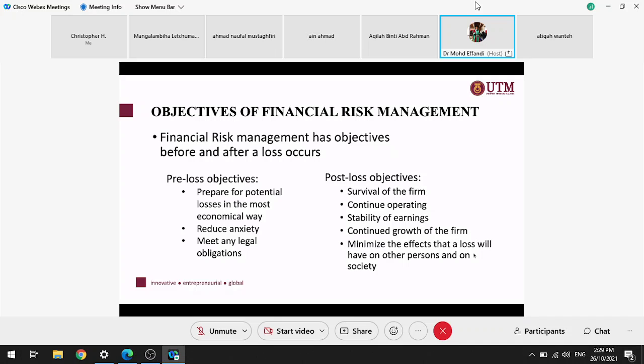This is something very interesting in the financial world, what we call a systemic effect. One company's problems will lead to another company's financial health being affected. If the company closes down, the other supporting companies will automatically be affected.